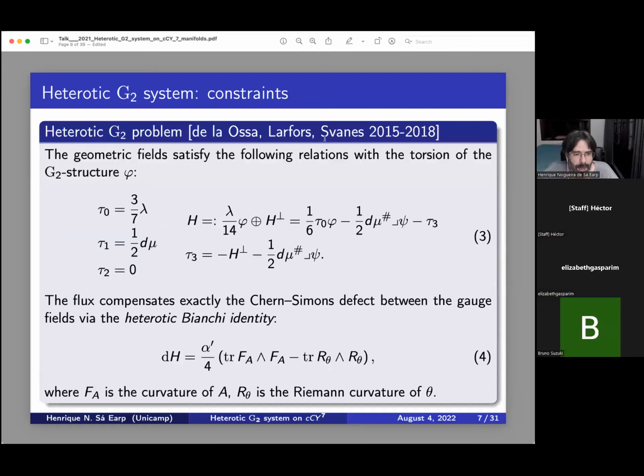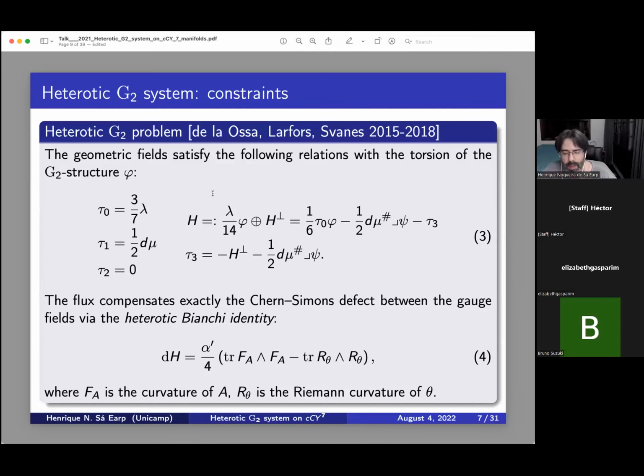So by packaging together all this information, here's the concrete mathematical problem posed by De la Ossa, Larfors, and Eirik Svanes in a series of papers. We want a 7-manifold with a G2 structure 3-form phi, such that the torsion realizes these fields. So tau 0 really is the scalar field, tau 1 really is the gradient of the dilaton, tau 2 is 0, so this means that the G2 structure is called integrable.